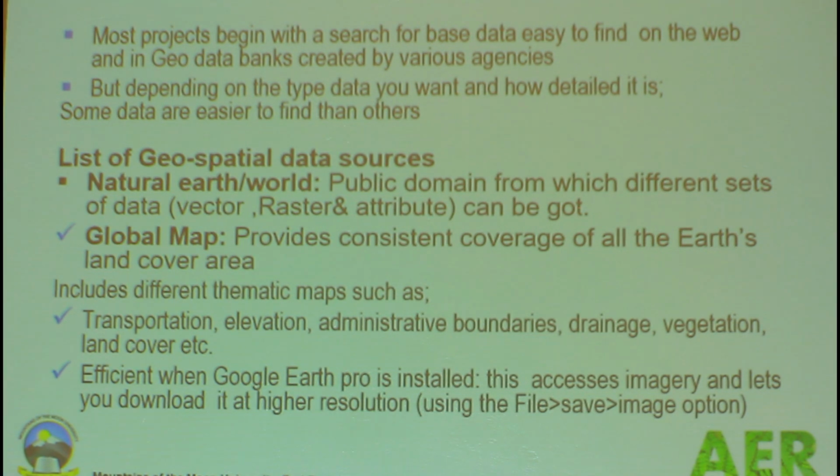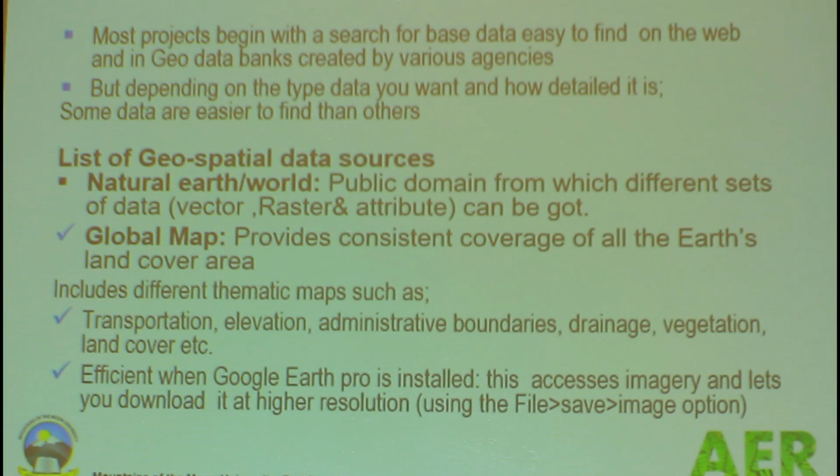These global maps are provided by different agencies, the biggest being the United States Geological Survey, or USGS, which is one of the biggest providers of spatial data. These agencies collect data, archive it, and make it available to different users.